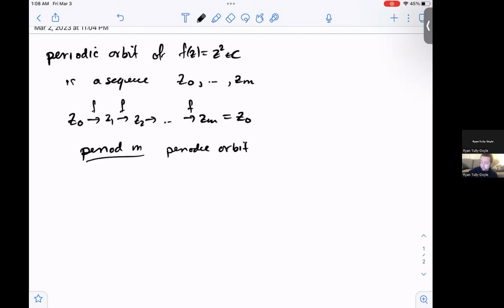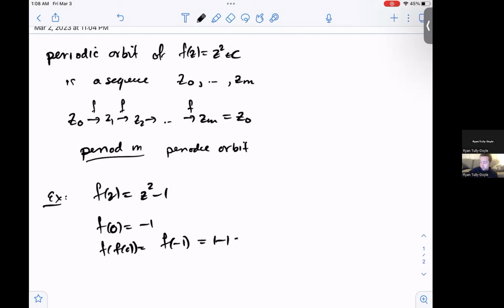So for example, if you remember the function f of z equals z squared minus 1, f of 0 is minus 1, and f of minus 1 is equal to 1 minus 1, which is equal to 0. So for the function f of z equals z squared minus 1, 0 gets mapped to minus 1, which gets mapped to 0.